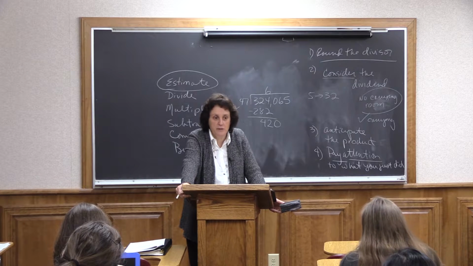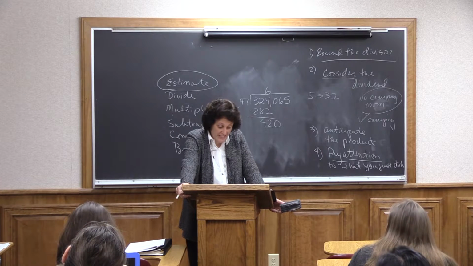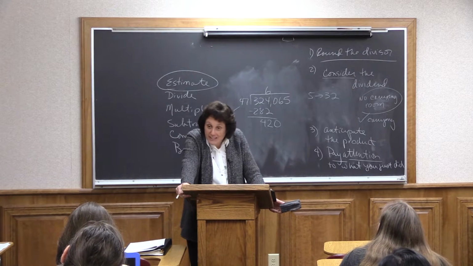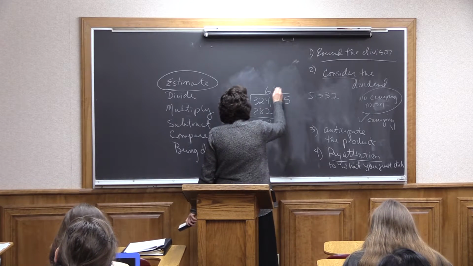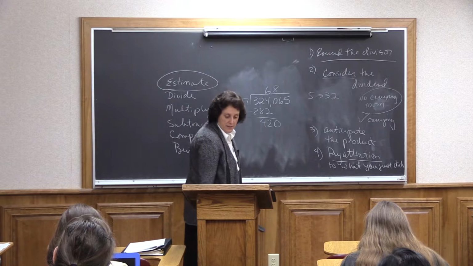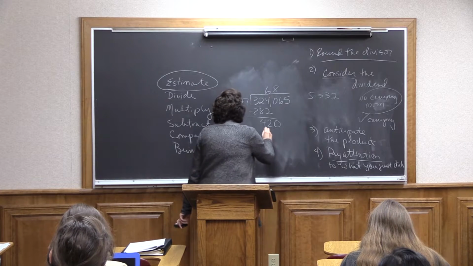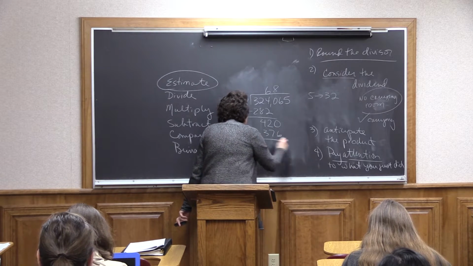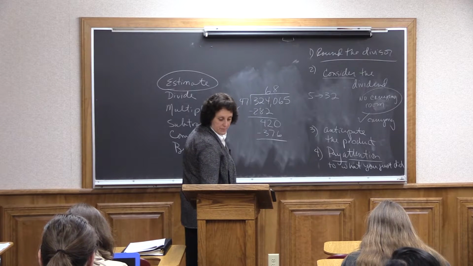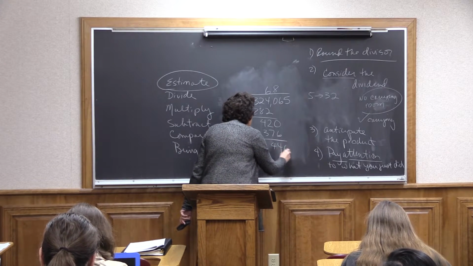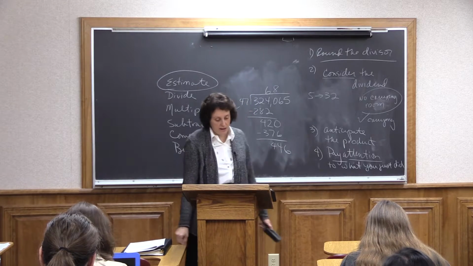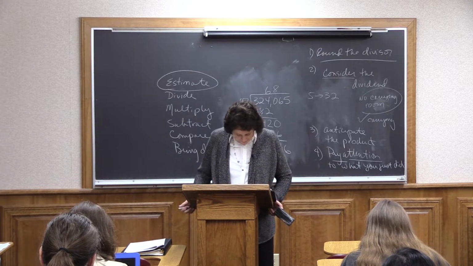There's plenty of carrying room because I'm only going to 32 and I have 42. So 8 works fine. Plenty of carrying room. And then 8 times 47 is going to be 376. Then when I subtract, I get 44. Bring down my 6. All right, 44.